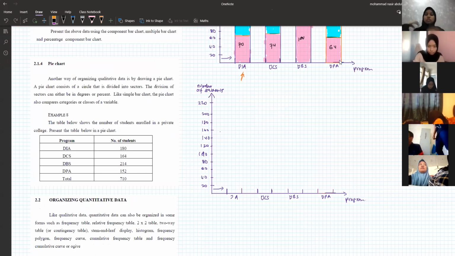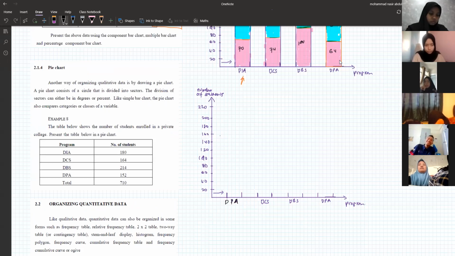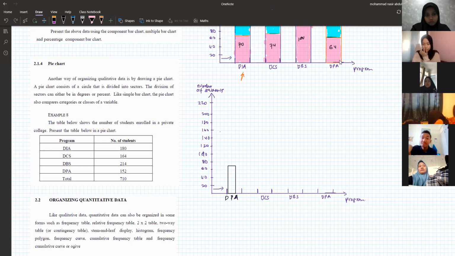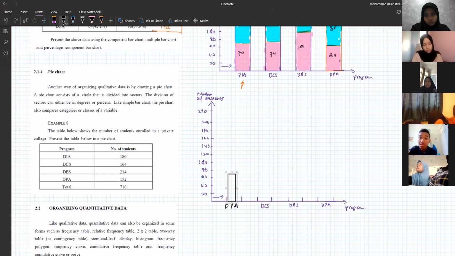We need to clear this one. So for each program, for the first category, we have diploma in accountancy, right? So in diploma accountancy, we have separated the category into male and female. So let's do for male. For male, we have 70 respondents, right? So let's say I take four boxes, where I take two boxes out of four. So this is the category for male, and the category for female is 110.